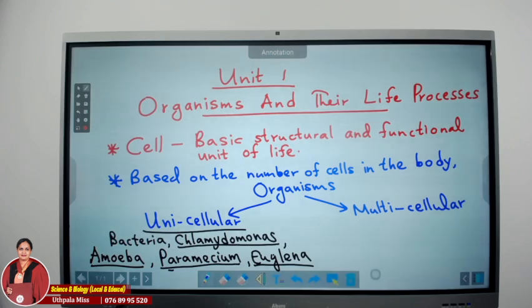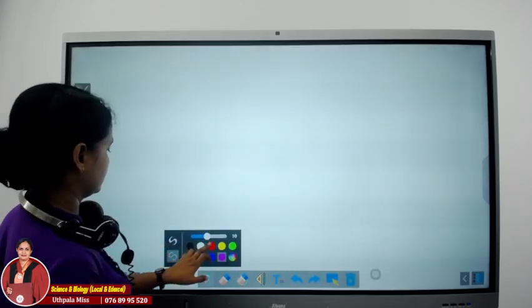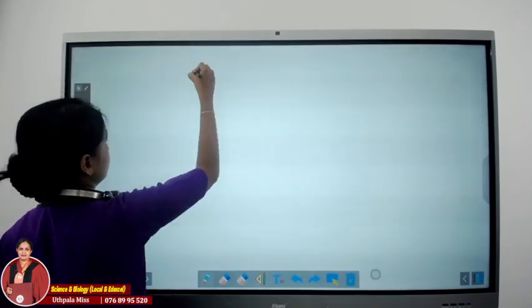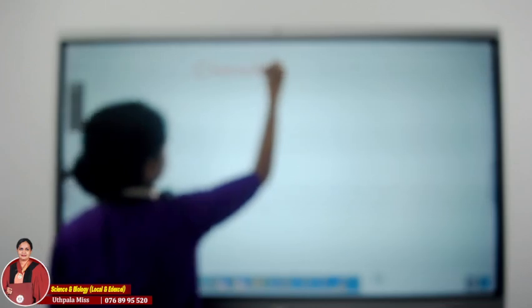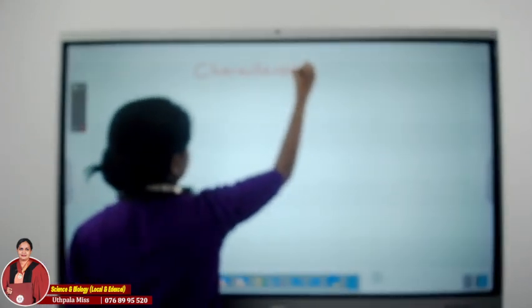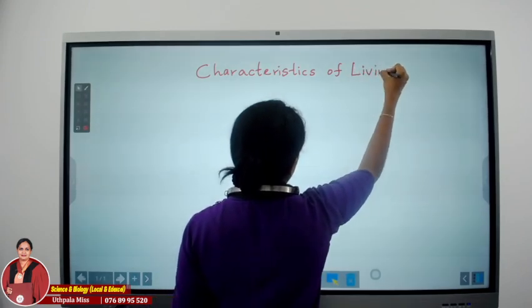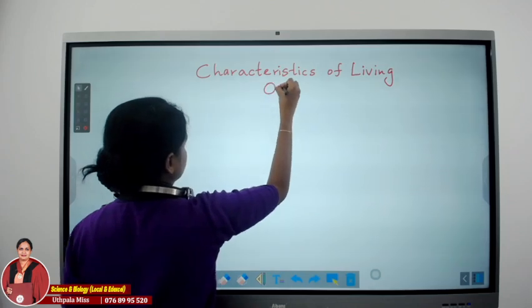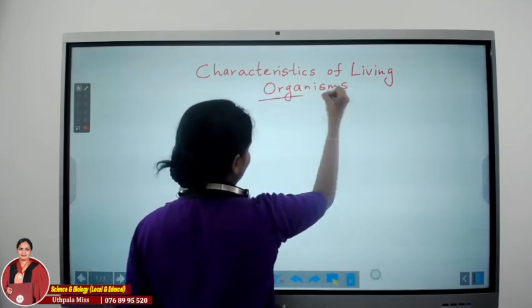Okay, so according to the facts that you have sent me, we can just list out the characteristics of living organisms, right? Characteristics of living organisms. What are the characteristics of the living organisms?